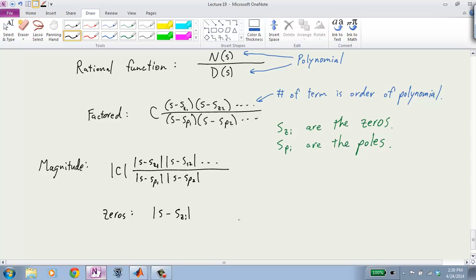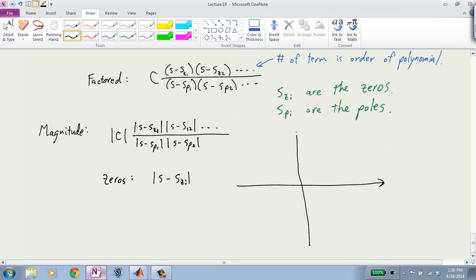Let's suppose that we put the zeros and the poles on our Laplace transform plot. We have the real part of S and the imaginary part of S. And remember, the Laplace transform is some function on this space. On top of this, let's just put X's for poles and little O's for zeros.